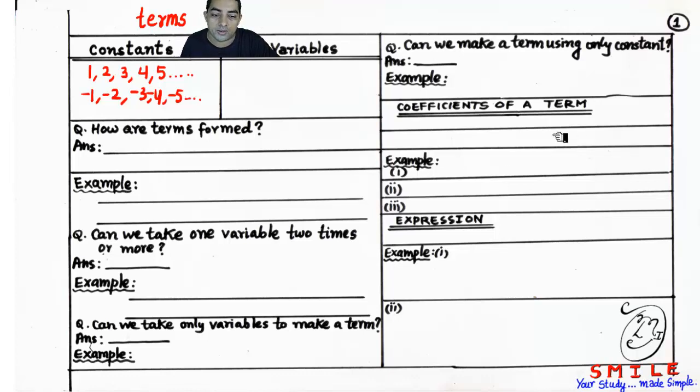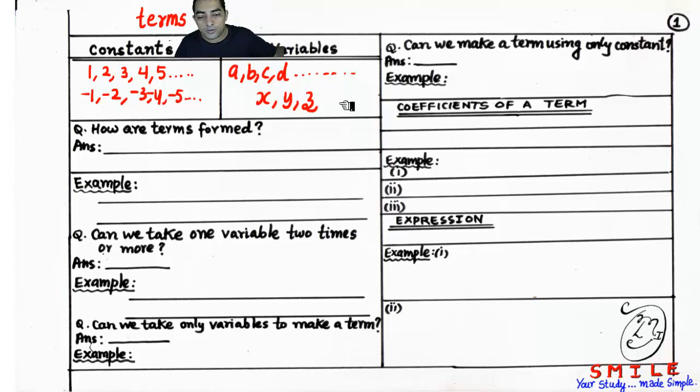Then we go to variables. Under variables we have alphabets, that too in small letters. So we can have a, b, c, d, etc., x, y, z, any one of them, right?